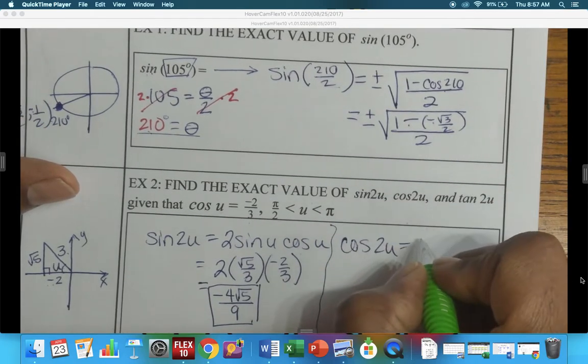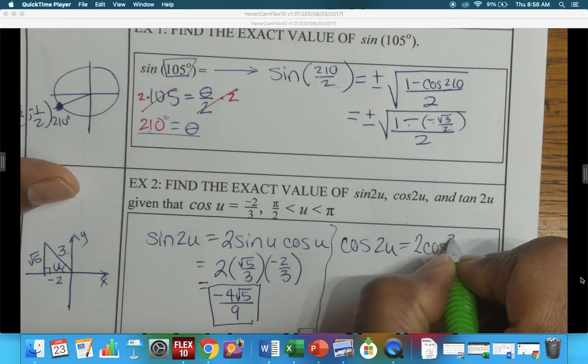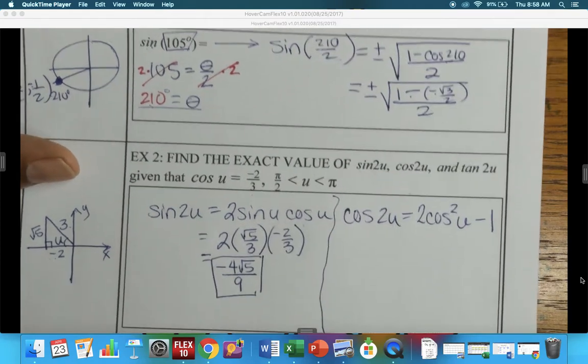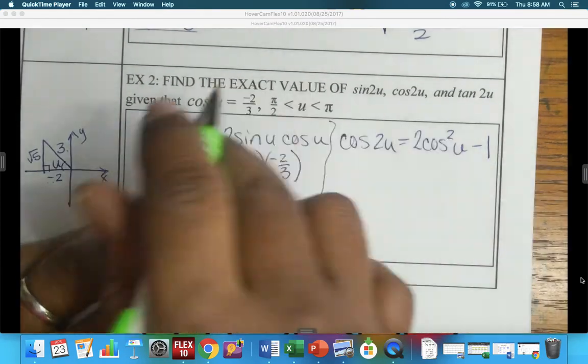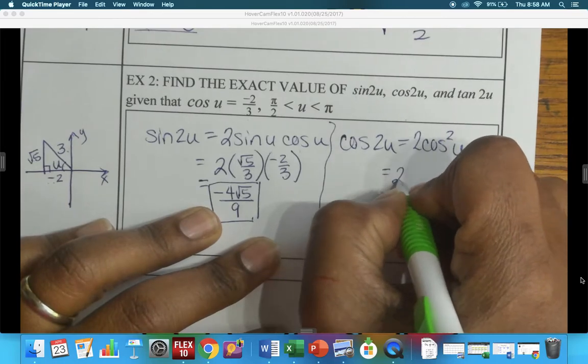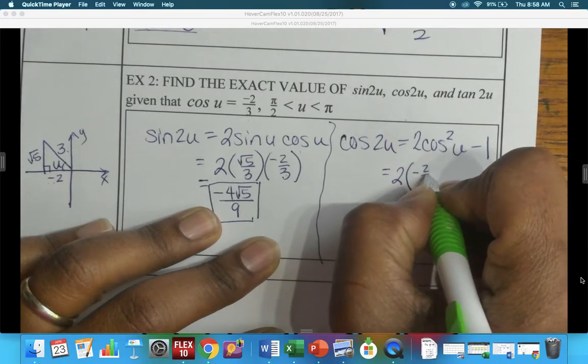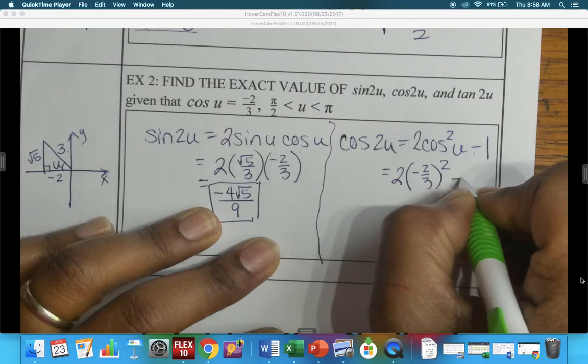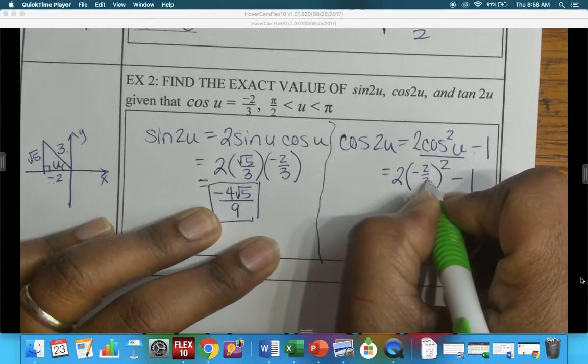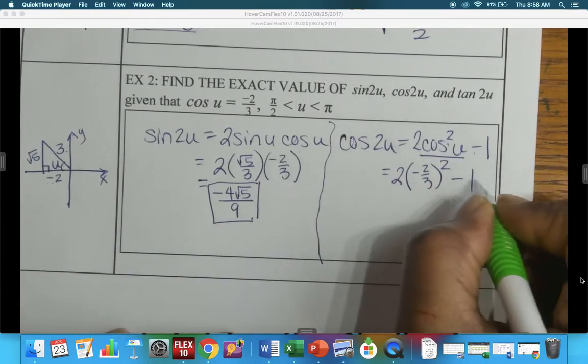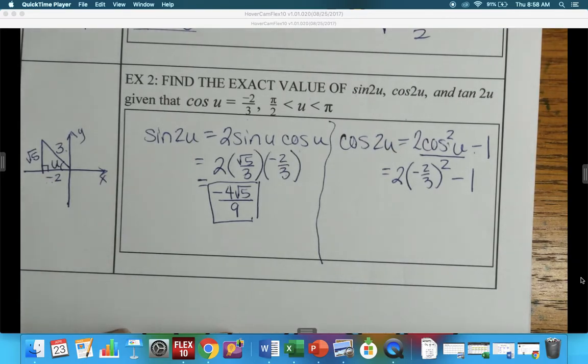It's 2 cos squared u minus 1. All right. So I already know what cosine is. So I'm going to put 2 times negative 2 over 3 squared and then minus 1. It says to square it and then multiply by 2 and subtract 1.